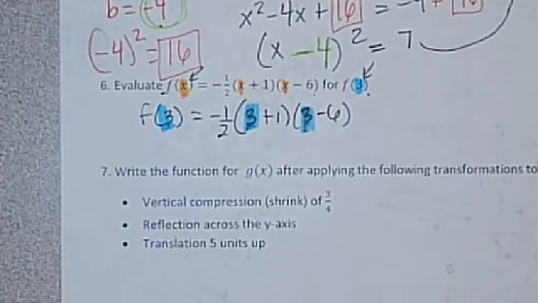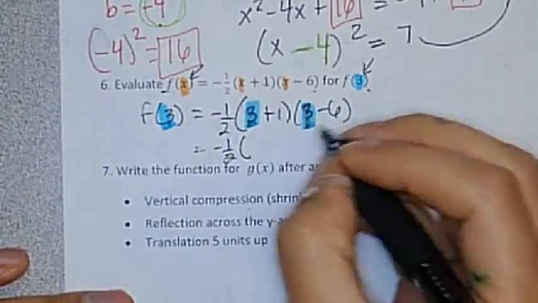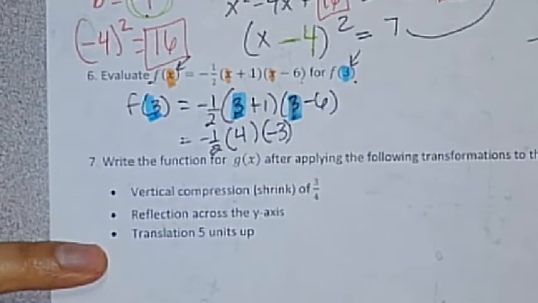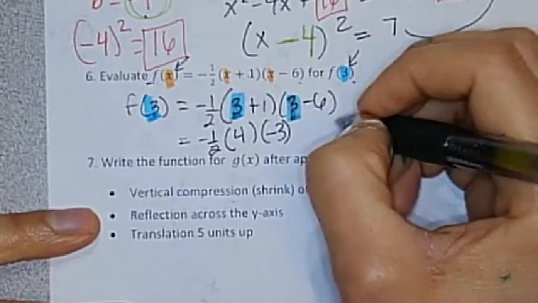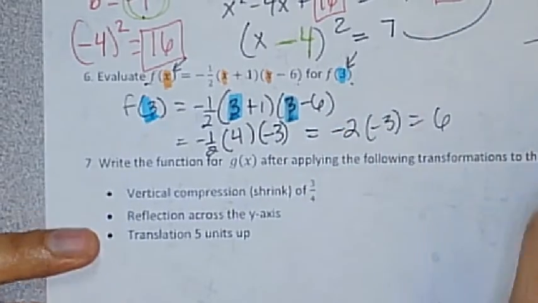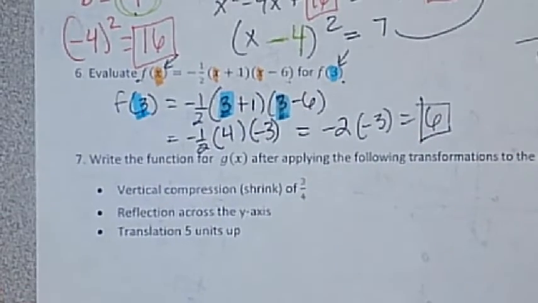Okay? And then we just do it. Negative 1/2 times 4 times negative 3. Okay? So it's going to be negative 2 times negative 3, so 6. Okay?